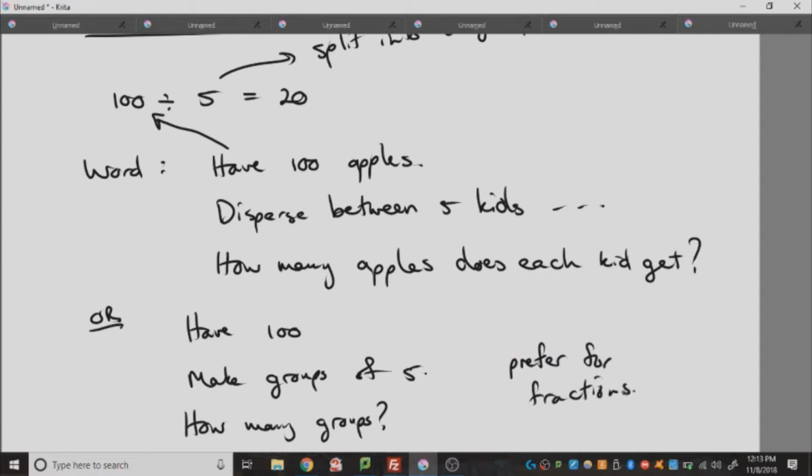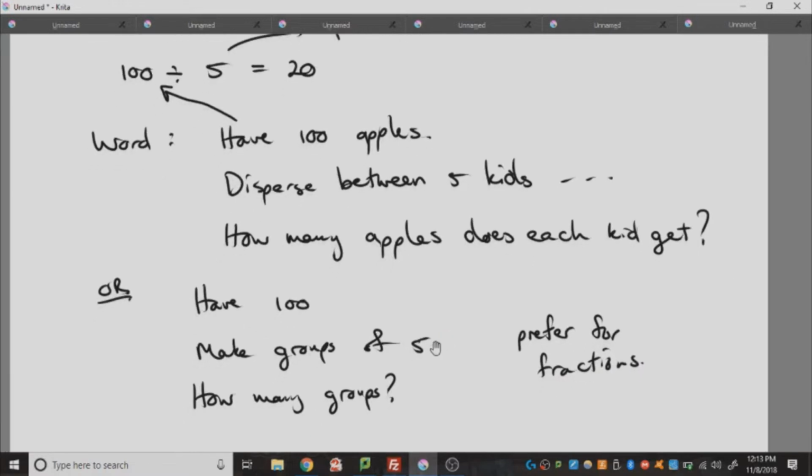It's not that the first one is wrong, but if I go intuitively, the second one feels a little more intuitive to me. Oh no, but it's the same thing. I have 100 apples. I need to give kids 5 apples each.